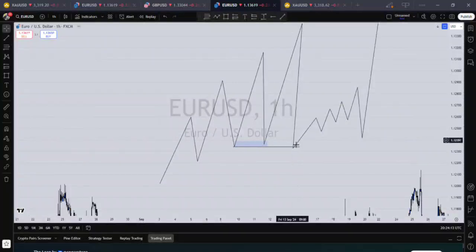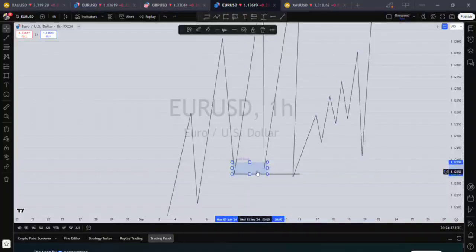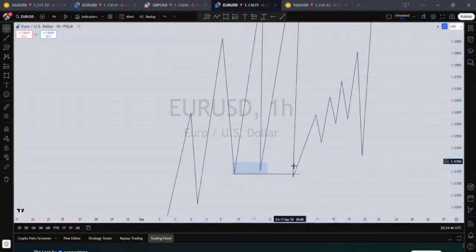If it wicks, fine. If it comes and wicks it, fine. If it doesn't, it must surely engineer liquidity. I'm going to teach you guys engineered liquidity later. The excuse for not wicking here is that the demand has been completely taken out, so there's no longer space for price to come and mitigate anywhere or take any order here.